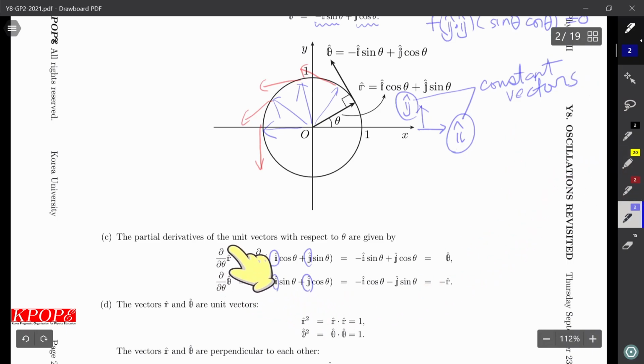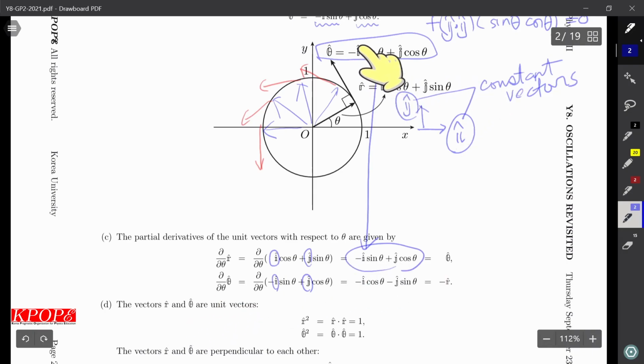Thus, if I take the derivative with respect to angle, r hat has a derivative with cosine theta: the derivative of cosine theta is minus sine theta, and the derivative of sine theta is cosine theta. We find that this one is identical to theta hat.